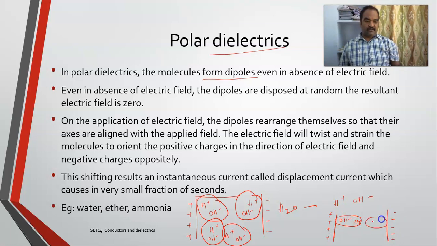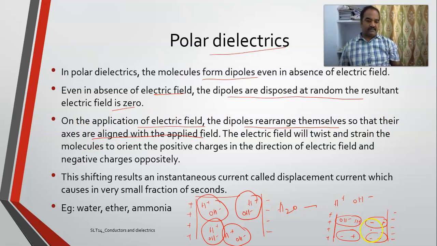All these will be oriented in this fashion. So even in the absence of electric field, the dipoles are disposed at random, and the resultant electric field is 0. But on the application of an electric field, these dipoles rearrange themselves so that their axes are aligned with the applied field.